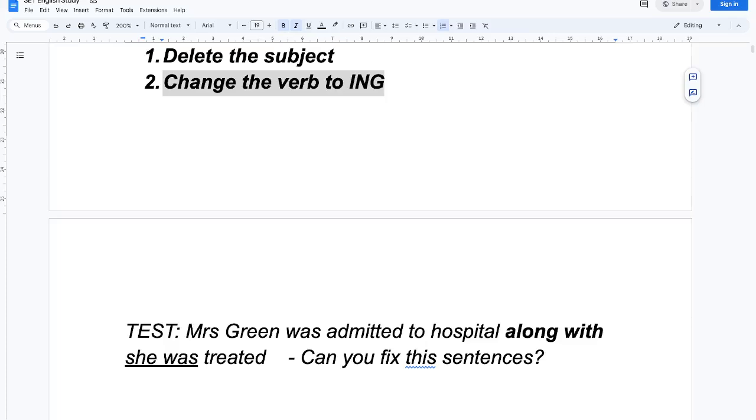All right, so do we have any answers? Can you fix this sentence? Sorry, it's a slight error with my, should be the, can you fix this sentence? Delete the subject, change the verb.